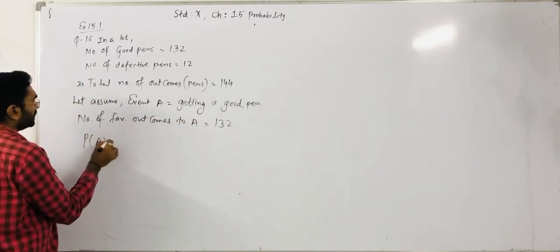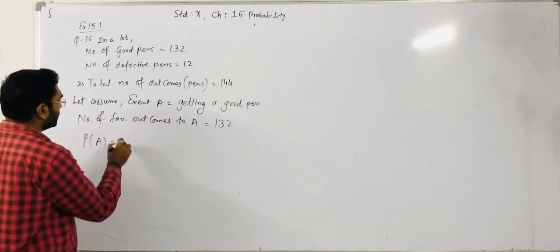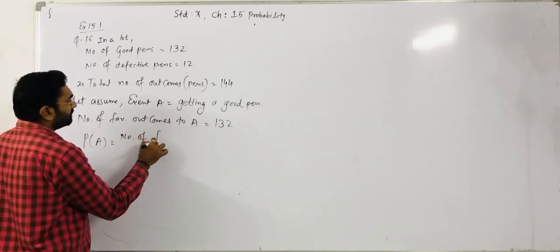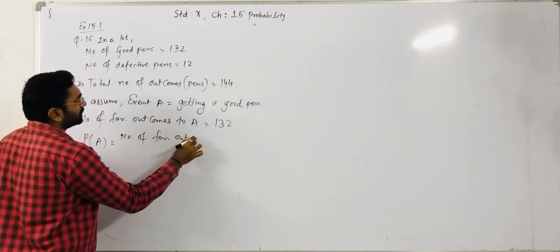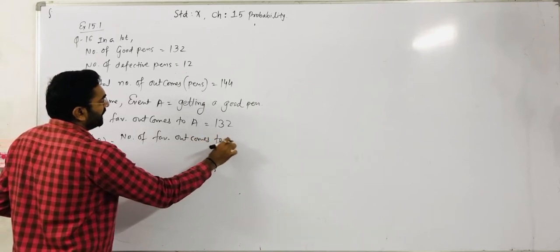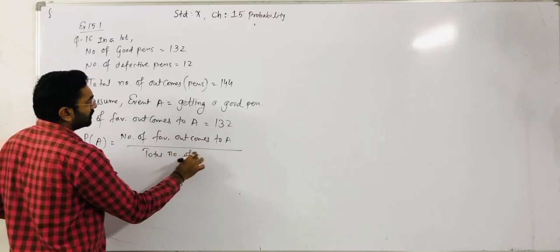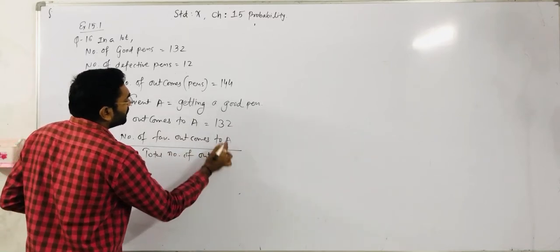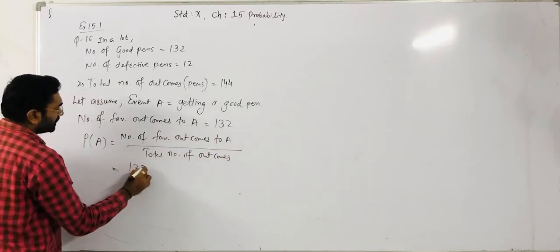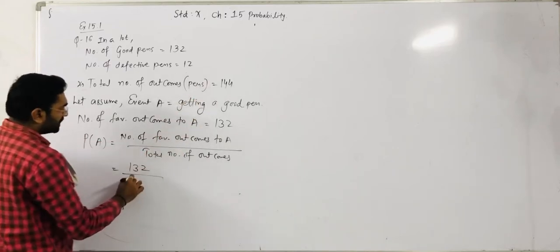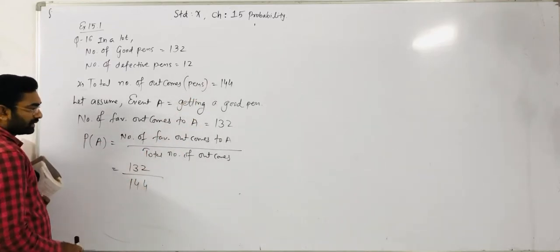We have to put in the probability formula. P of A is equal to the number of favorable outcomes to event A upon the total number of outcomes. So the favorable outcome is 132 and the total number of outcomes we get is 144. Right?